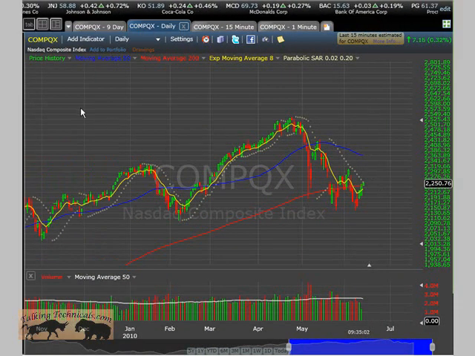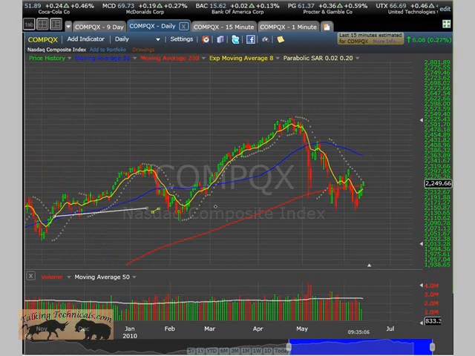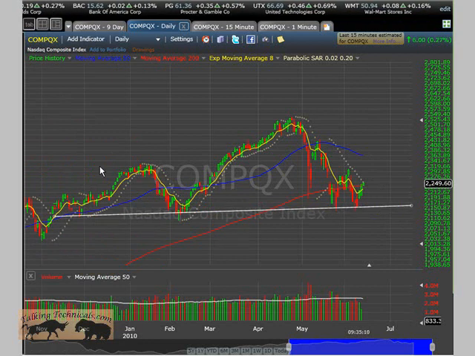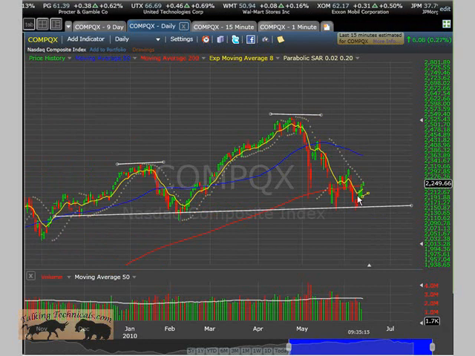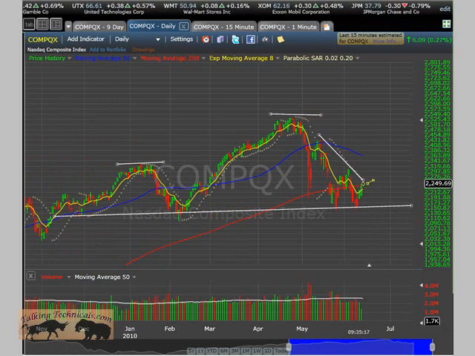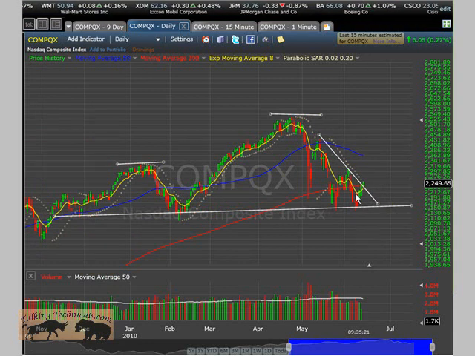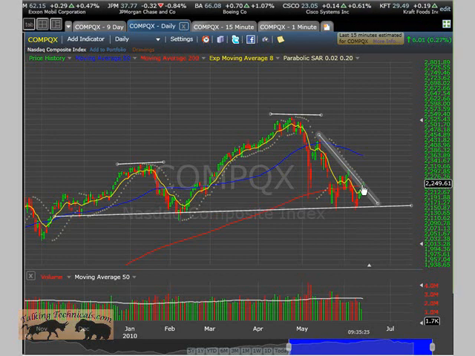Here's the Nasdaq, and what's going on is there's your basic neckline. This one is a little slanted. There's your left shoulder, your head, and now we just had a failed pattern, which is the descending triangle here. It broke the downtrend, so this descending triangle is failed.